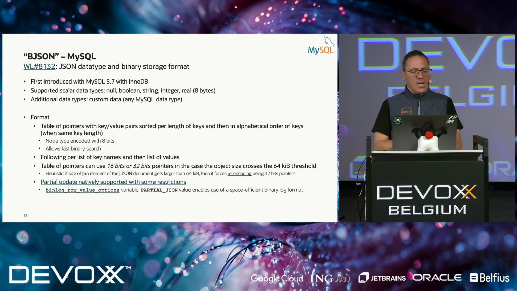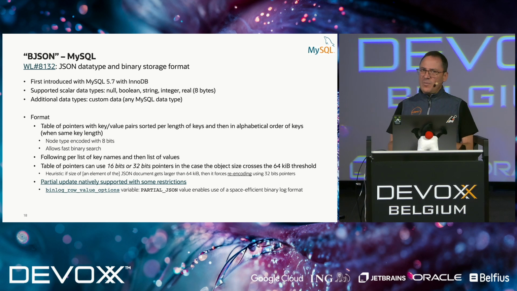Okay. In the case of MySQL, they have another binary format called bJSON, and it was introduced in MySQL 5.7. It does support all the scalar values for JSON, so in this case, we're quite on par. It does support additional data types using some custom extensions as well. The implementation of the format is different.